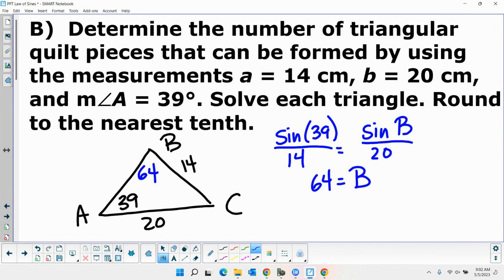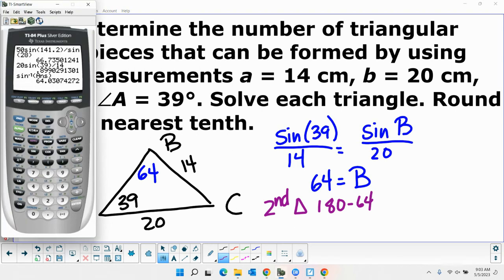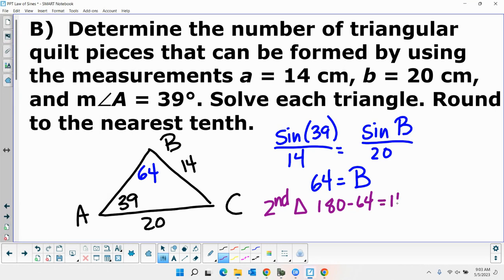All right. So I'm going to check for that second triangle. So I go 180 minus 64. 116. Guess I really didn't need that calculator.